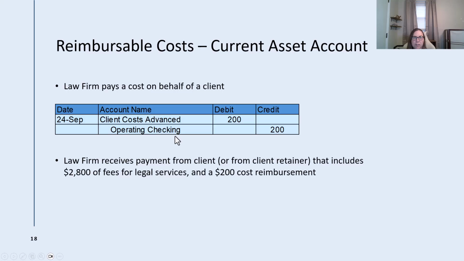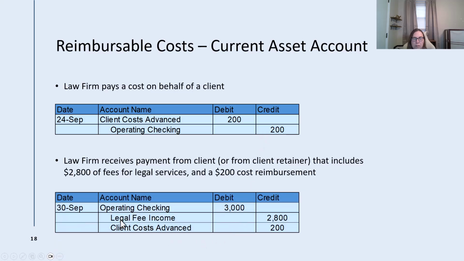And then when they receive payment from the client, let's use that $3,000 example from earlier. The client is invoiced for the $3,000, and let's say $2,800 of that was legal fees, $200 is this cost reimbursement. That would be a debit to the operating checking account, a credit to legal fee income for $2,800, and a credit to the client cost account for $200.